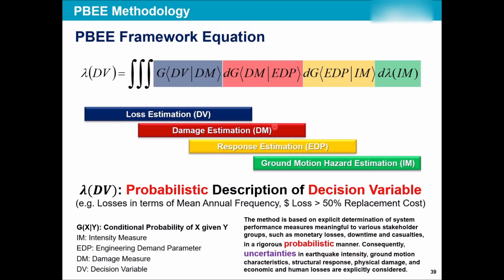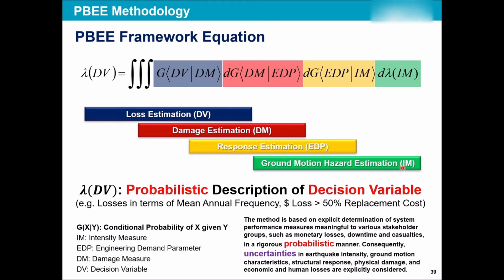That EDP can be translated to damage estimation, which is the damage measure, whether you'll have slight damage, moderate damage, extensive damage, or collapse. All of those can then be concluded into the loss estimation, which is the decision variables. How much time will I lose in terms of downtime or in terms of repair? How much human life will I lose in terms of casualties and injury? And how much will it cost for me to replace or repair my building?